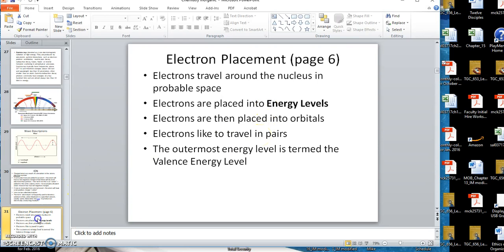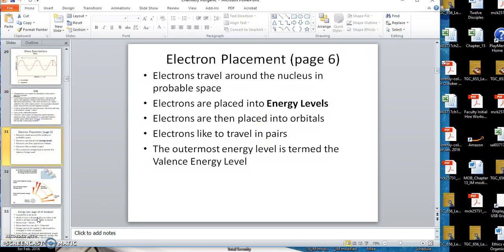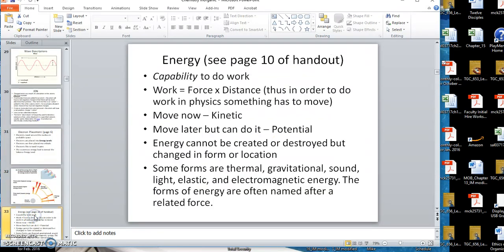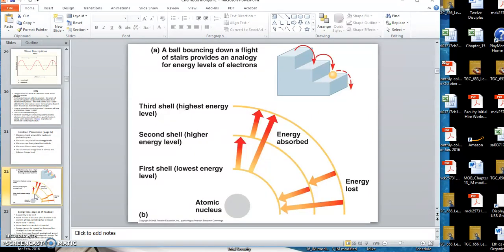There's a certain amount of electrons placed in every level. Okay. So look at your text, but I'm going to say that in the first energy level, which will be the lowest one, you can place a maximum of 2 electrons.